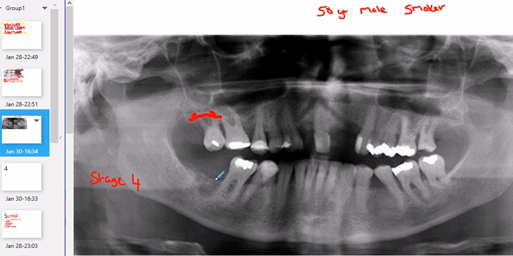Okay, stage 4, which is very severe. And here we're looking at the potential that the whole dentition could be lost.